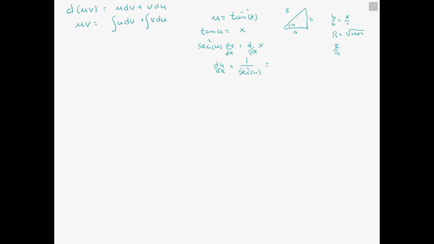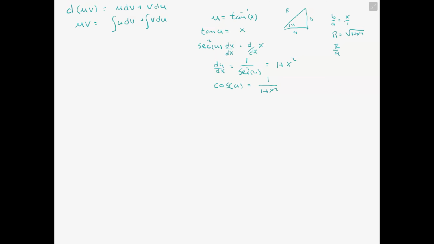You see the secant is r over a, and r is the square root of 1 plus x squared, but we've got the square, so we have 1 plus x squared. And that means that cosine of u is equal to 1 over 1 plus x squared.